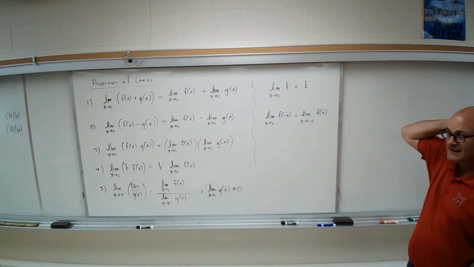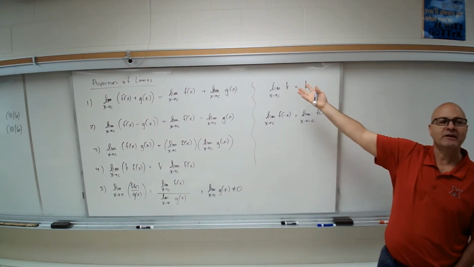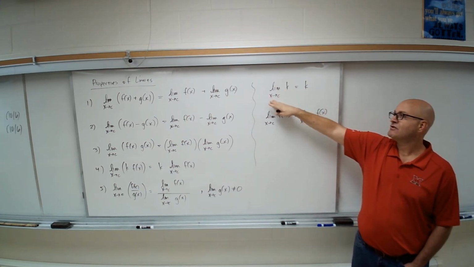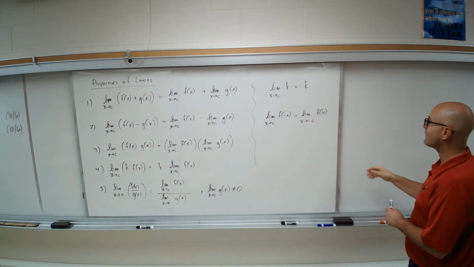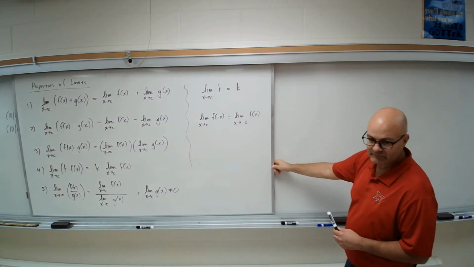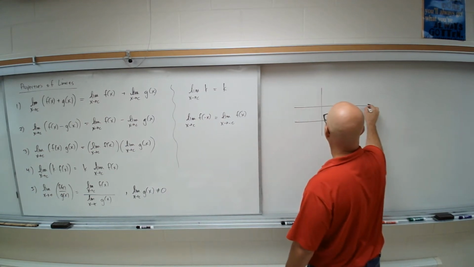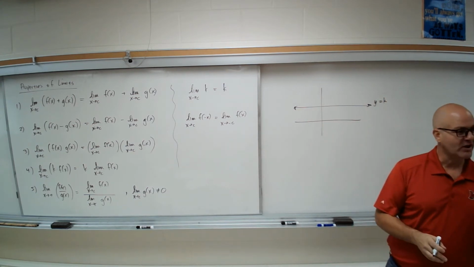Here, these weren't listed, but these are something we'll use. This one comes up enough that you want to be sure you're aware of it. If you have the limit as x approaches c of some constant, now think about that graphically. If you have a graph of a constant, the function would be y equals k. It's just a horizontal line.